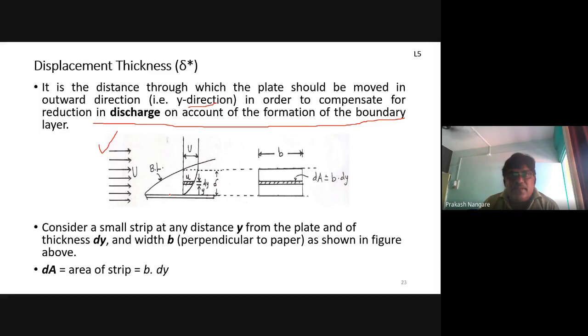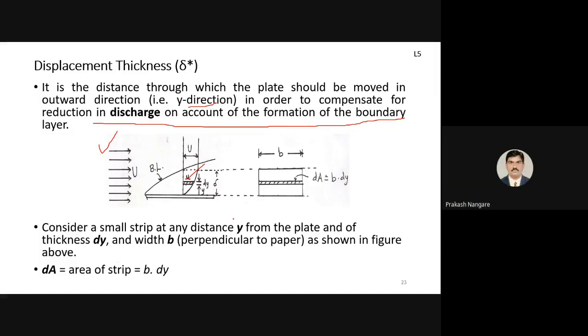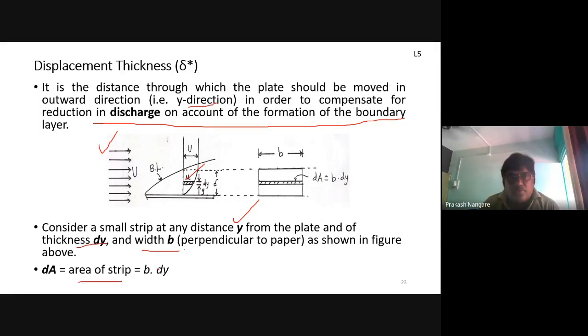For delta star, consider an elementary strip inside the flow, at any distance y from the plate and of thickness dy. Please remember, the width is b perpendicular to the paper as shown in the figure. So the area of the strip is dA equal to b into dy.